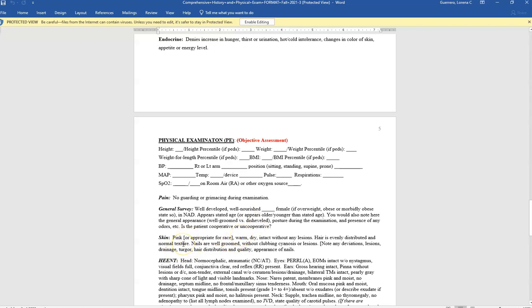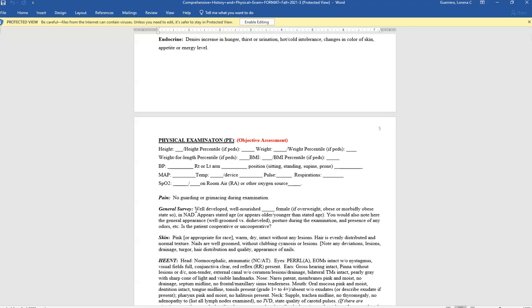Now, what do you need to know for the exam? I need you to know that anything here, the physical examination, the vital signs, and look at the way this is written, is written as if someone is looking at the patient. For the general survey, they're well developed, well nourished, female or male.